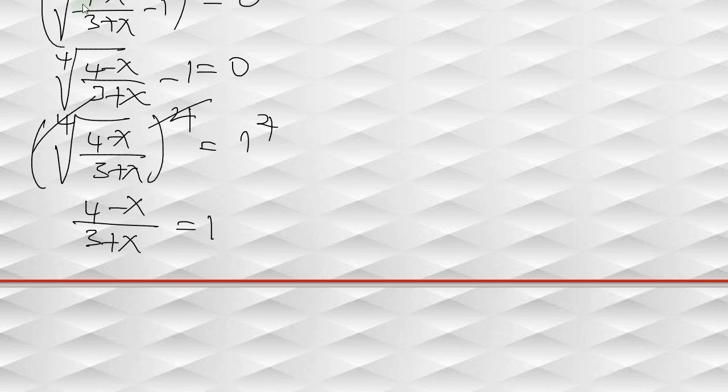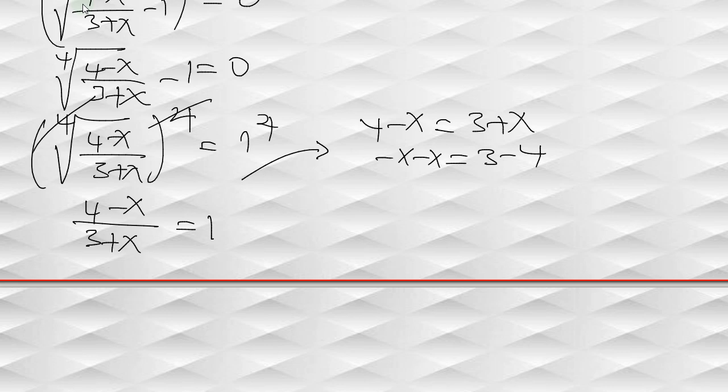So finding a common denominator here, guys, we're going to have 4 minus x equals 3 plus x, right? So we're gonna have minus x equals 3 minus 4, right? And then we have negative 2x equals negative 1, so x is equal to 1 divided by 2.